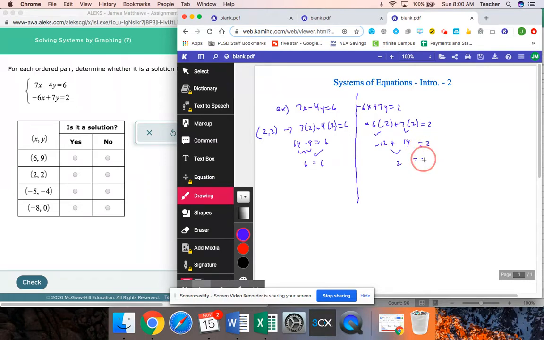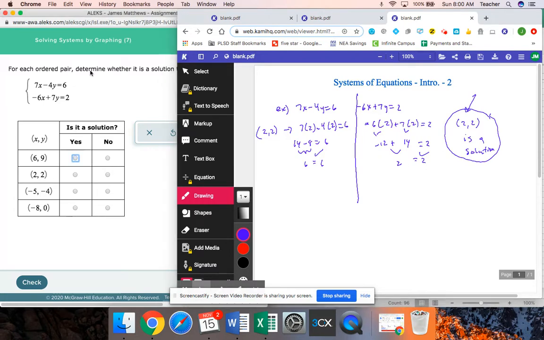And lo and behold, on the other side, I also have a 2. So 2, 2 is a solution. There are a whole lot of possible points we could plug in and check, but if I were to put these in slope-intercept form and graph them, I would end up at 2, 2, where they intersect.